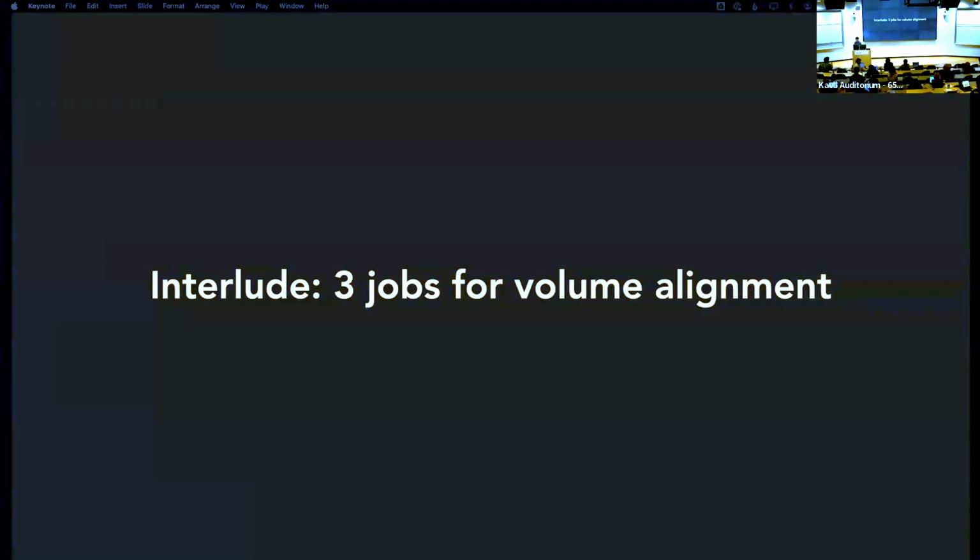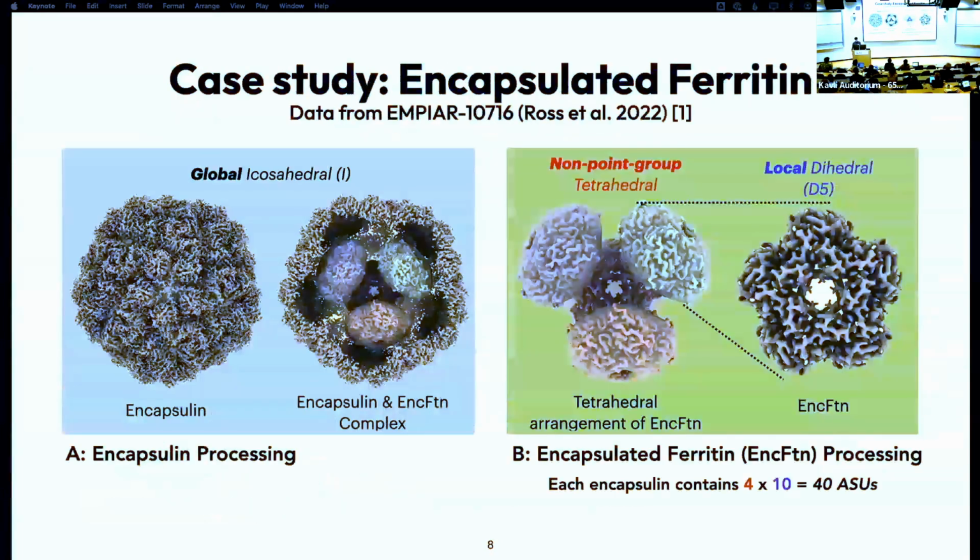In the structure, are the fivefold axes of the ferritin aligned with the fivefold axes of the encapsulin? Yes, that's a great question. No, it is not. And in fact, that is what makes this really tricky.